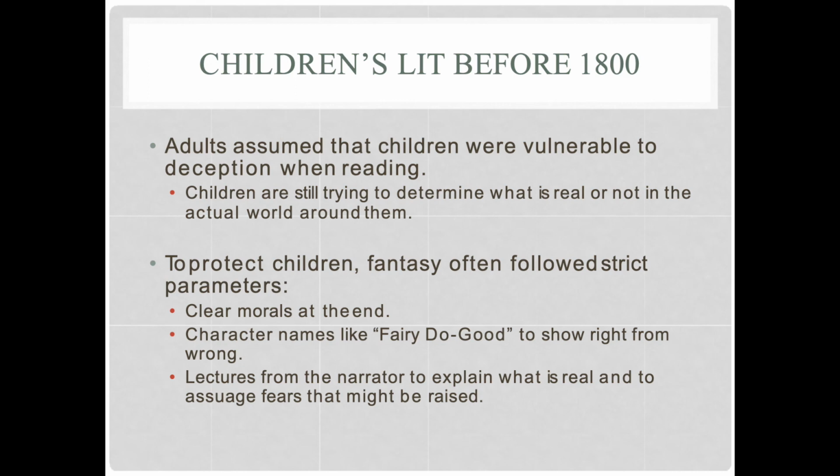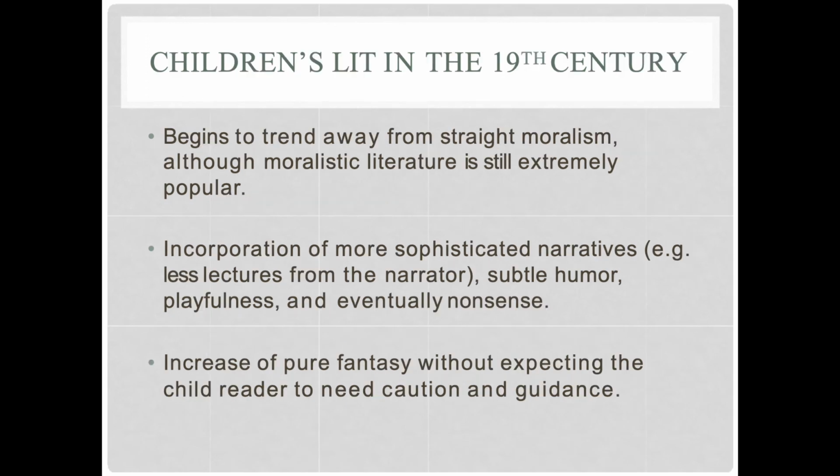Now, what you need to know about the 19th century in comparison to the 18th century is that things in fantasy and children's literature begin to trend away from straight moralism. Although moralistic literature is still extremely popular, and you're going to see that in some of what we read for this lecture. However, there's quite a big difference in the way that fantasy is treated.